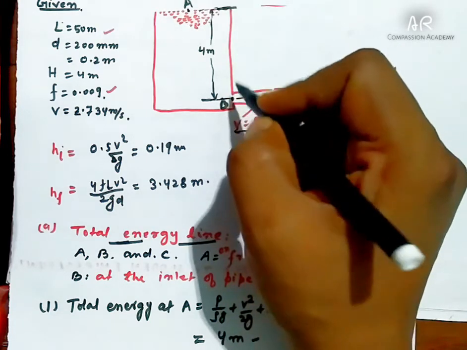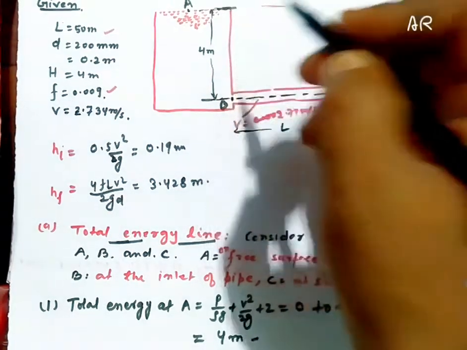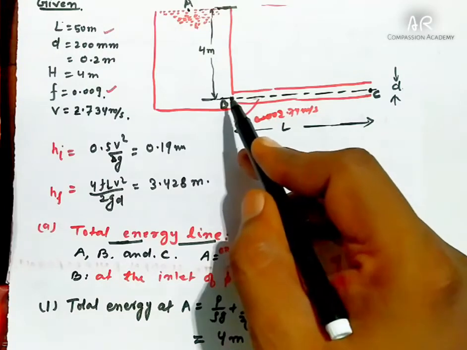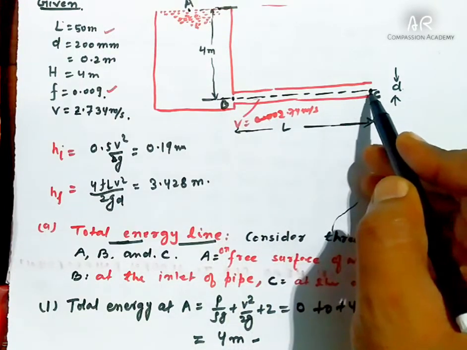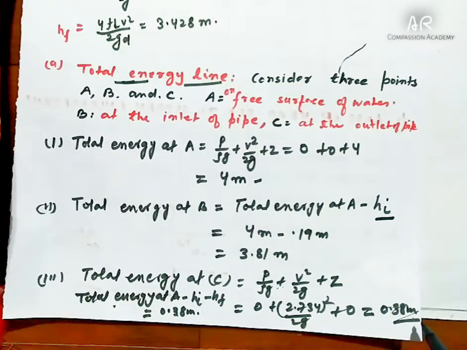As it enters the pipe, it decreases by 0.19 meter, that is the inlet loss. And if it further goes to section point C, the energy remains only 0.38 meter.